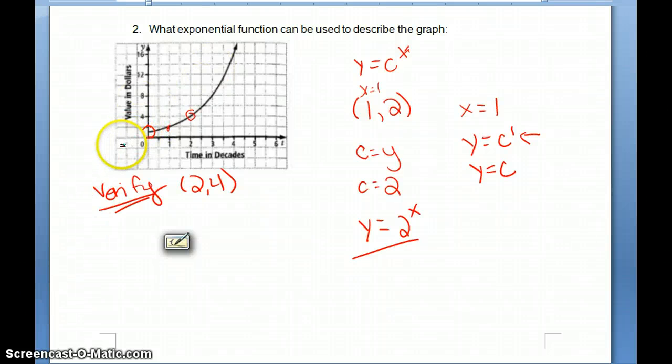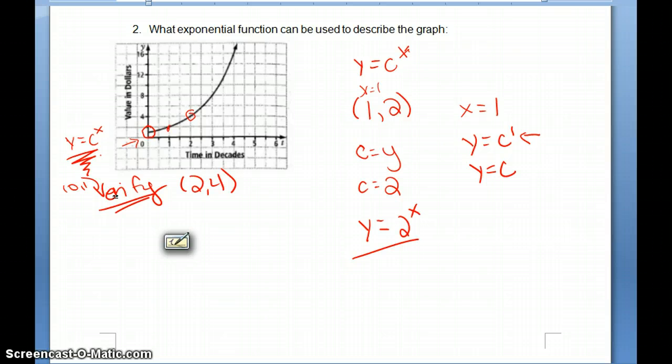If you guys remember, in any standard function y is equal to c to the power of x, no matter what your value of c is, your point is always going to be at 0 and 1, that y-intercept. That point exists for every single exponential function in the form y is equal to c to the power of x. So never choose 0 and 1, because then it would work even if you made a mistake.